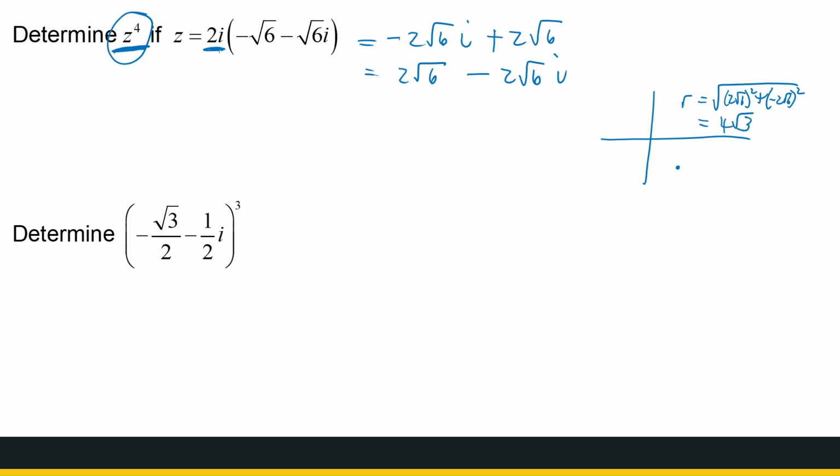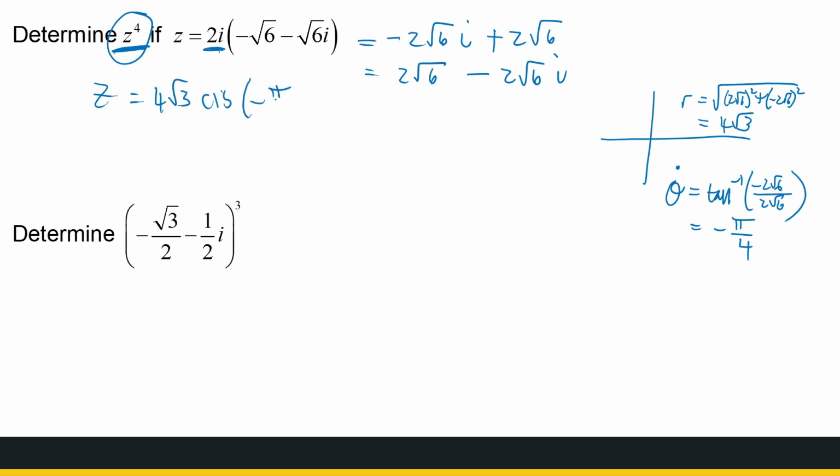Right. The angle is simply arctan of b over a, so minus 2 root 6 over 2 root 6. And that gives me minus pi over 4. So we can change this z to polar form: 4 root 3 cis minus pi over 4.